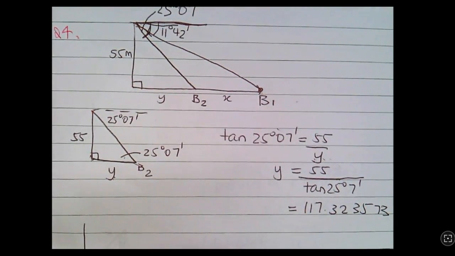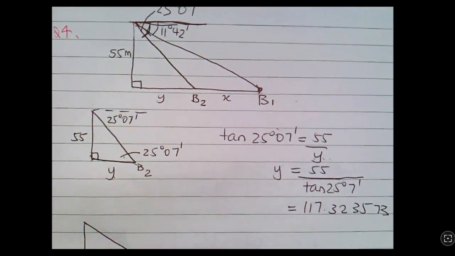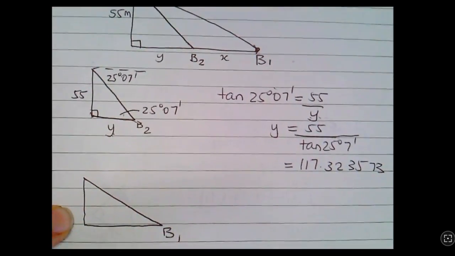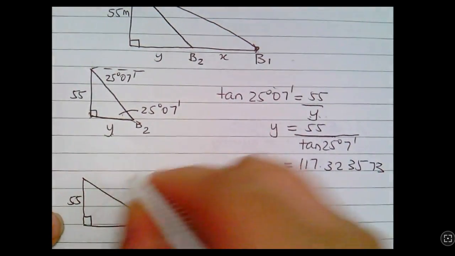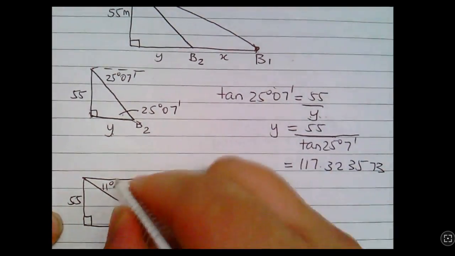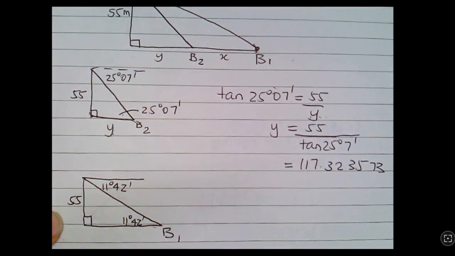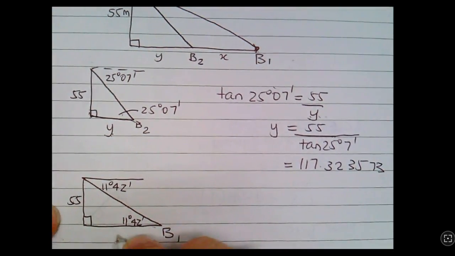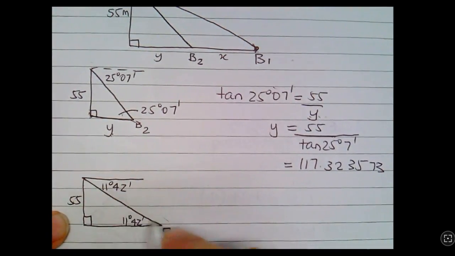So now the second triangle, the larger triangle, I'll call this B1. We know the height of the lighthouse is 55, and that first angle of depression was 11 degrees 42 minutes. So therefore, by alternate angles, this is also 11 degrees 42 minutes. Well, this is the whole of the right angle triangle.